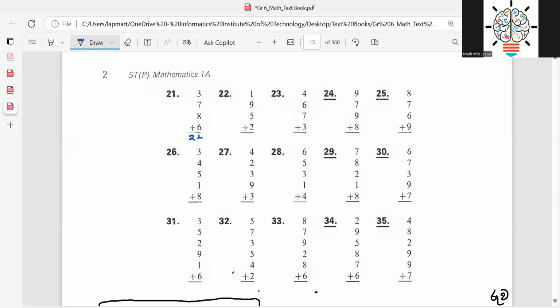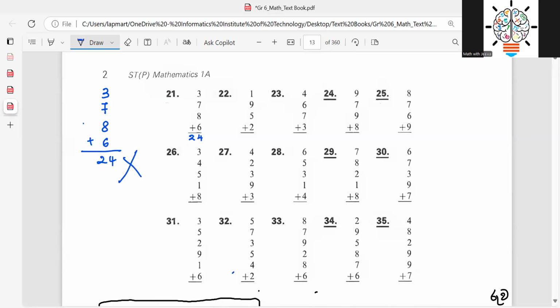When you write the numbers, be mindful to write them correctly in their correct place values, right? Let's say I have 3, 7, 8, 6 as a question. If I just write 24 here, that is wrong.